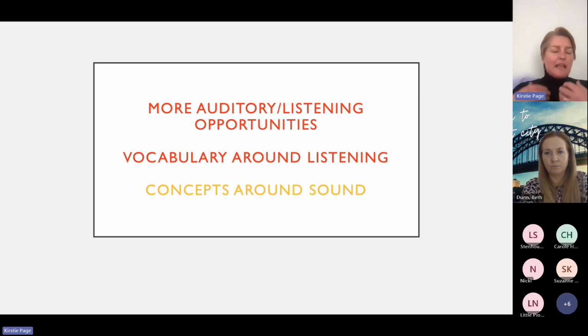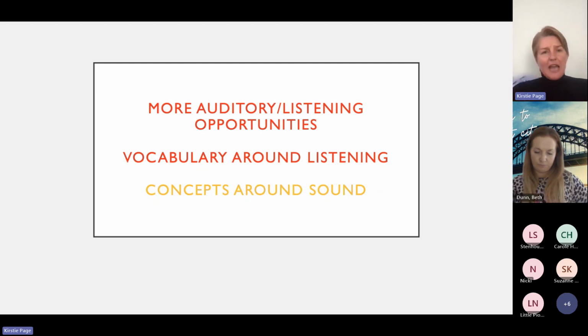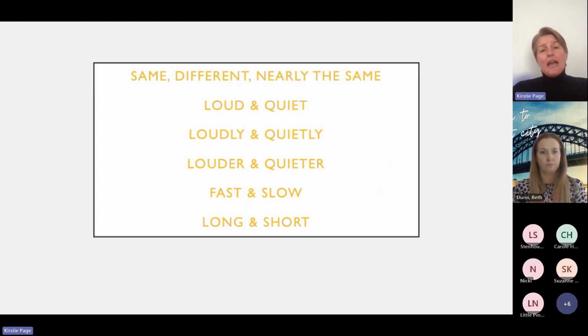And as well as building that vocabulary of listen, noise, sound, I can build concept vocabulary around sounds. And that's really important. So yes, I'm building auditory discrimination, but I'm building vocabulary, which on Launchpad is plotted out elsewhere. And when we're listening to things in our environment, there are certain concepts that are particularly easy to focus on.